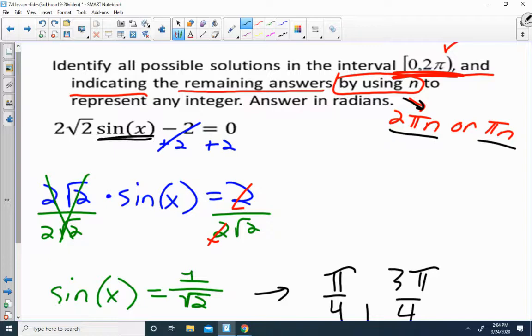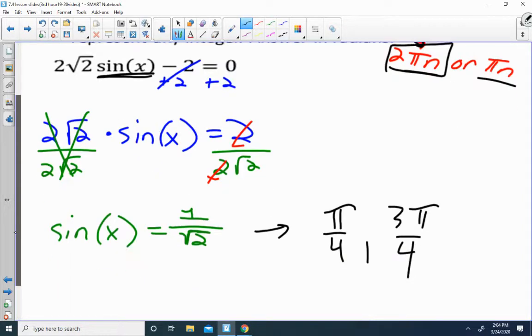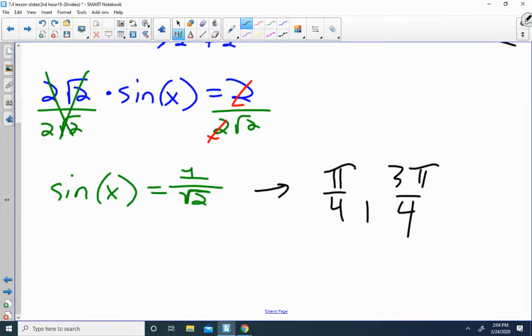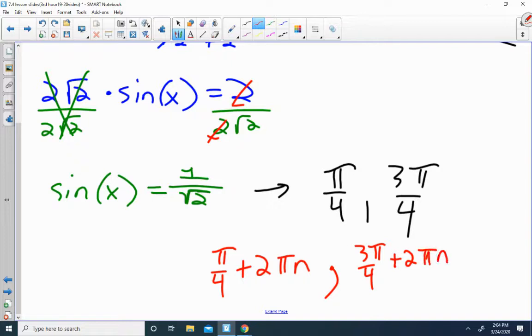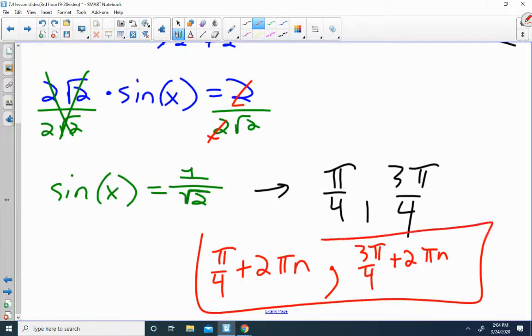And specifically, since we're using sine, it uses 2 pi n. So, formally, we will write this as pi over 4 plus 2 pi n, comma, 3 pi over 4 plus 2 pi n. That was a little janky. And that is what the answer will look like in the Hawks program.